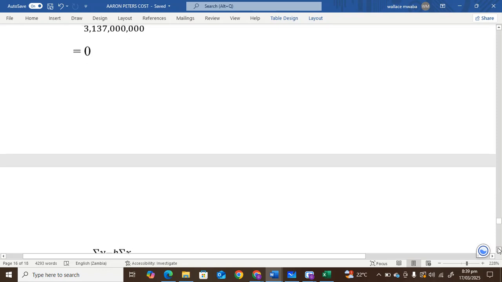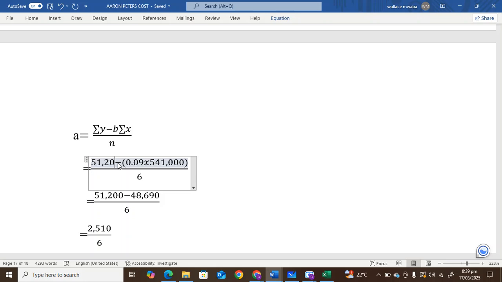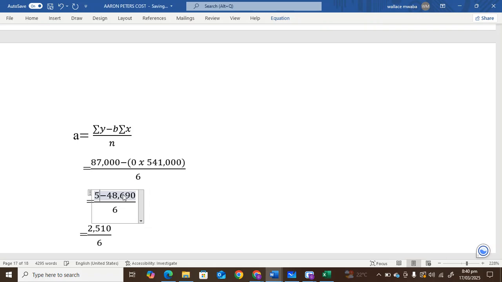Okay, we get A, which is our fixed cost component. A equals sigma y, summation of y, which is 87,000. B is 0. Summation of x, remember, is 541,000, divided by n. So 0 times 541,000, you get 0.